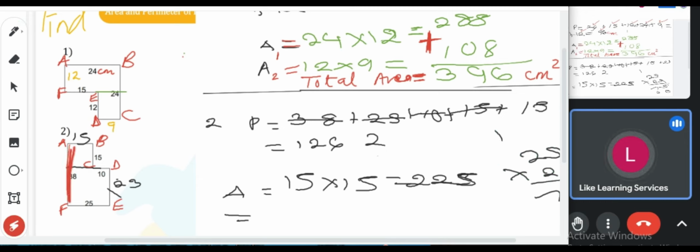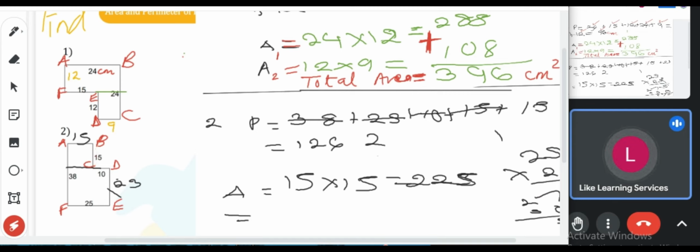This whole place is 38. This is 15. D to E is 38 minus 15, because here is 15 and this is 38. So that's 23, correct?